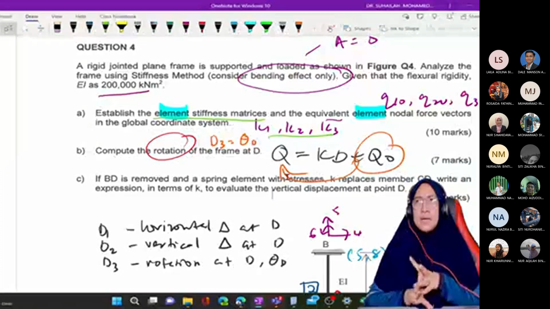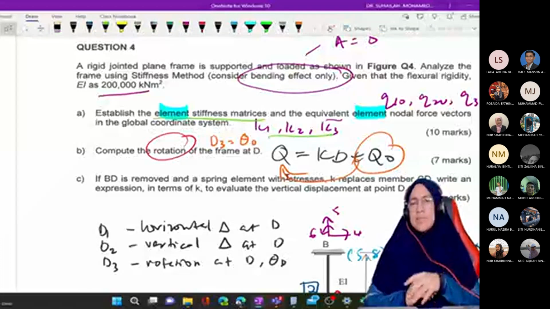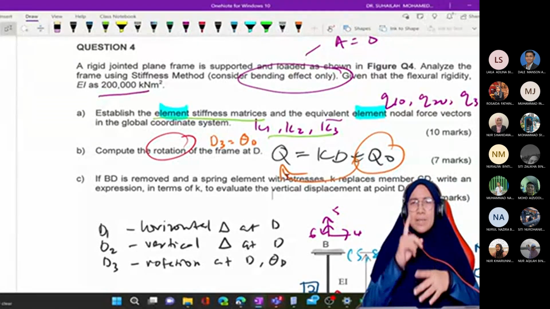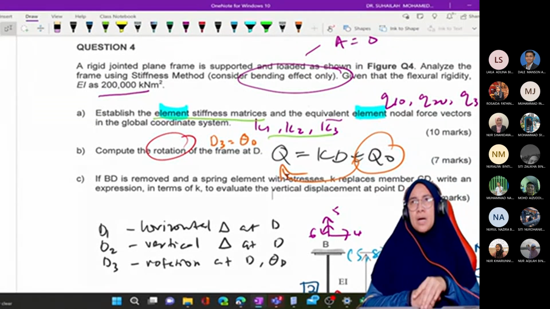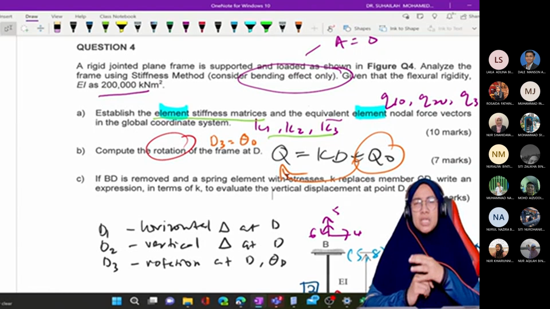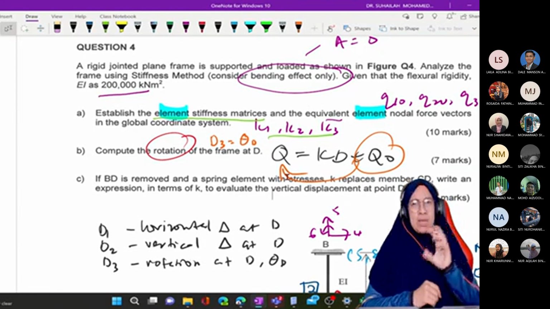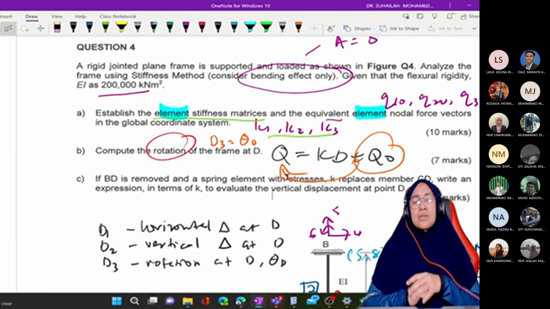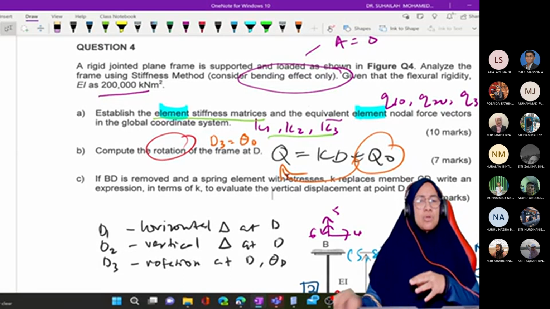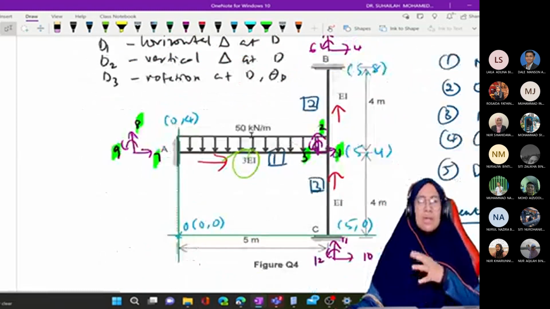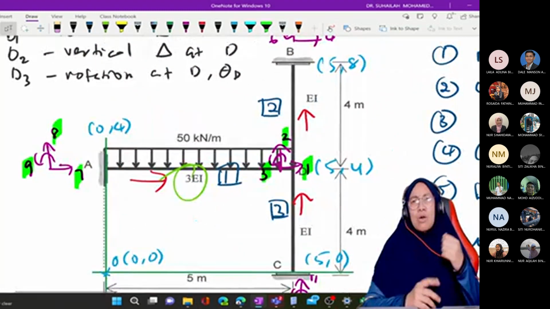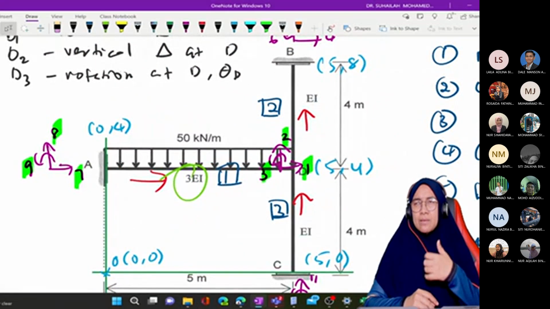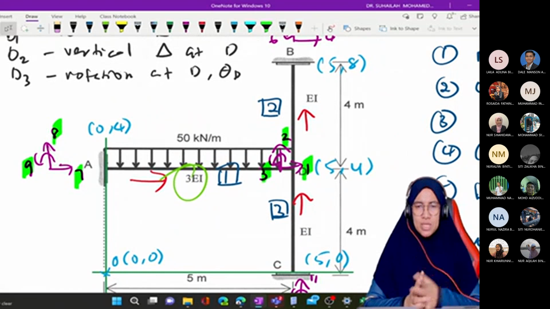So basically, I have covered 90% of the stiffness method. There is one more that I have not covered. We will use the same equation, Q equals KD, but Q naught in truss does not belong to external loading. Q naught in truss belongs to effects like temperature changes and fabrication error.